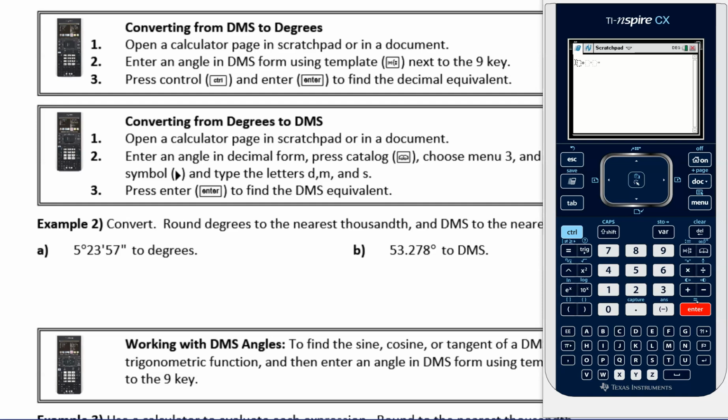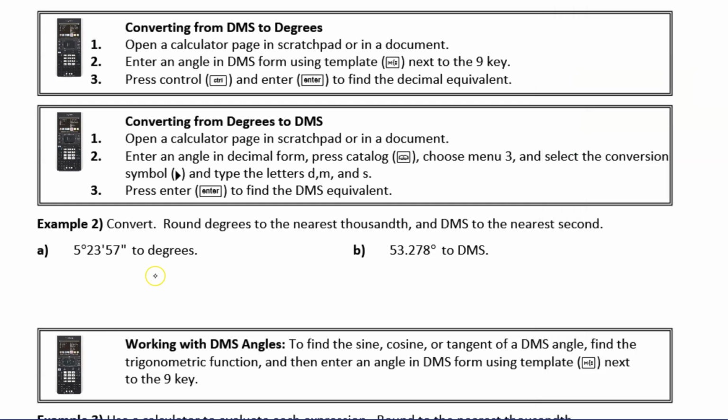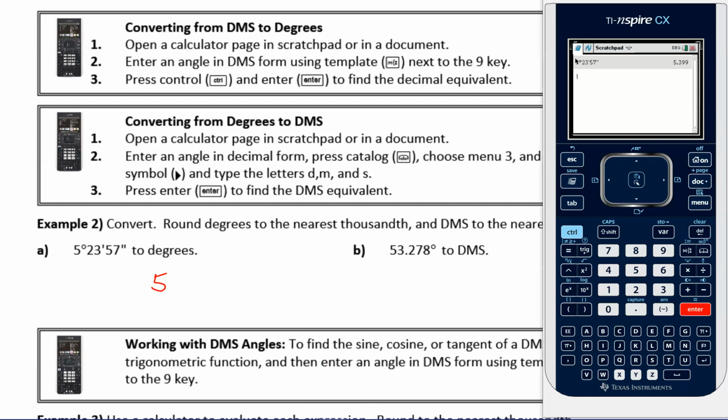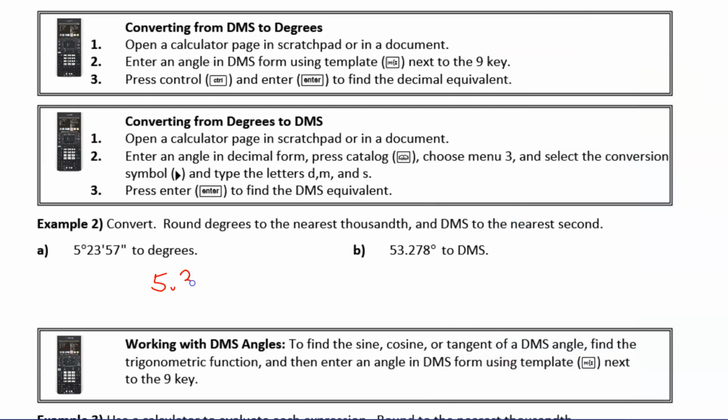We're to convert 5 degrees, 23 minutes, 57 seconds to degrees, so I'm just going to enter my 5 in the first space and my 23 in the second space, cursor over, and 57 in the third space. And then finally I'm going to press Control and Enter, which is the way that we get an approximate decimal. And if we're rounding to the nearest thousandth, that turns out to be 5.399 degrees.